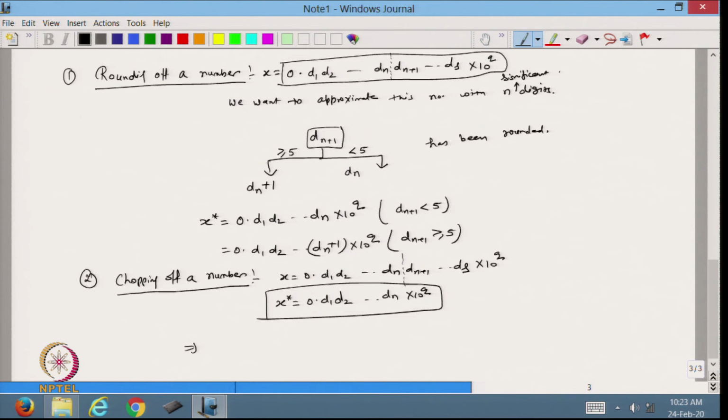So, from here I can say that if dn plus 1 is less than 5, then rounding or chopping of a number is the same. That is what we have to take care of.